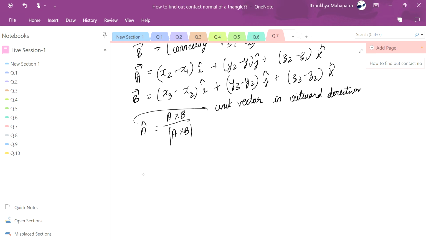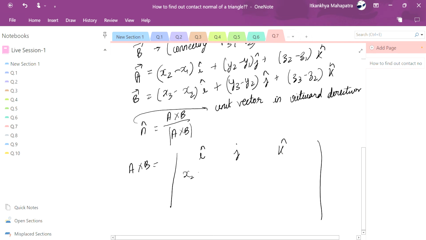A cross B will be found the normal way we find the cross product: i cap, j cap, k cap; x2 minus x1, y2 minus y1, z2 minus z1; x3 minus x2, y3 minus y2, z3 minus z2.